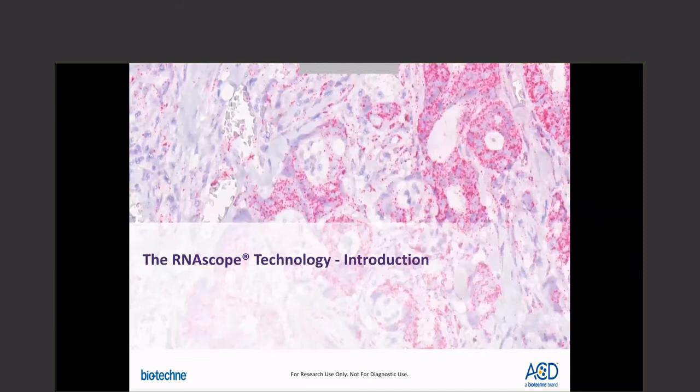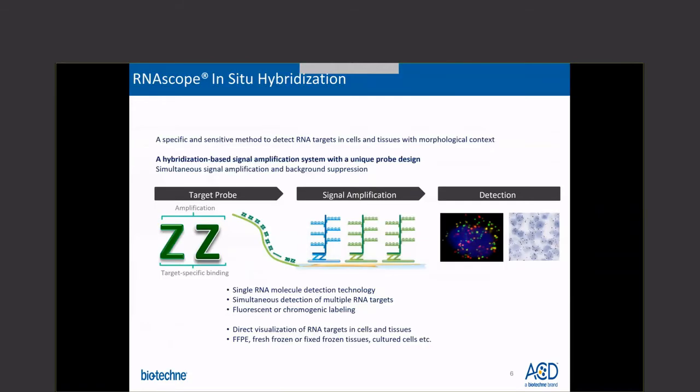So let's start today's discussion by understanding the RNAscope technology. The RNAscope assay is an in situ hybridization technique that utilizes a unique double Z target probe design followed by a signal amplification system which allows you to visualize a single mRNA transcript as a punctate dot through either chromogenic or fluorescent detection.